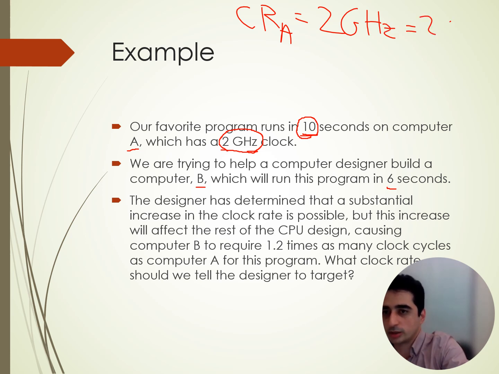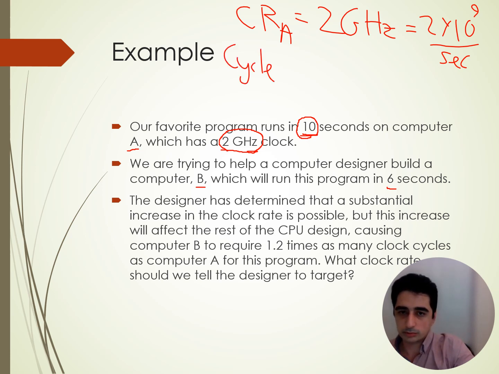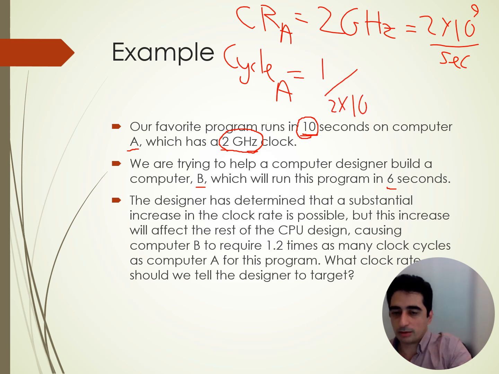So that's equal to 2 times 10 to the 9 over a second, because a hertz is 1 over a second. And therefore, the cycle time for computer A is going to be equal to 1 over this, which is going to be 1 over 2 times 10 to the power of 9 second, which, if you simplify this, is going to be 0.5 nanosecond, right?